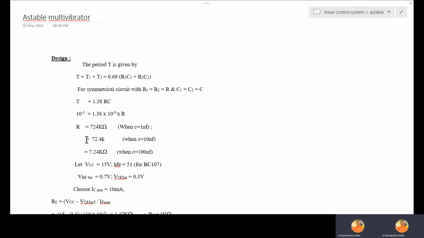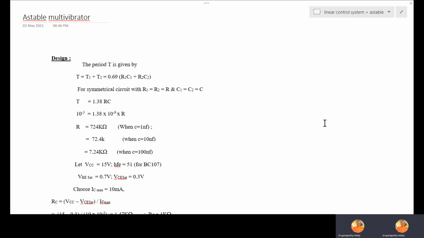So I am simulating with this second value, C equal to 10 nanofarads, R equal to 72.4 K. Any value of C you can select, accordingly R will be decided. So in the design you choose the value of C and find the R value, or choose the value of R and find C. Accordingly fix it and proceed.